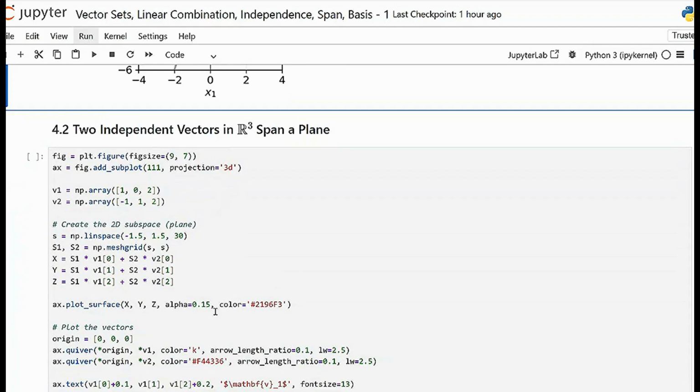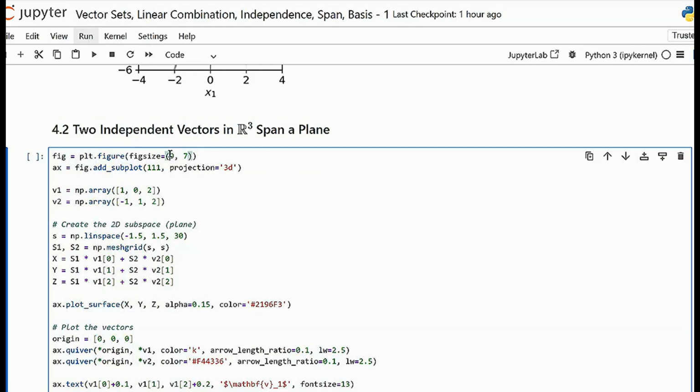Two independent vectors in a span of a plane. And dear friends, kindly observe here we also create a new figure with a larger size to have a better display of 3D content.